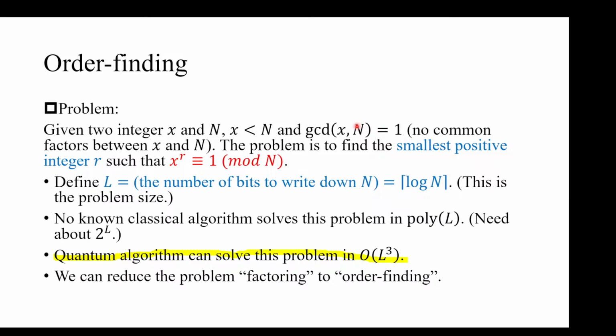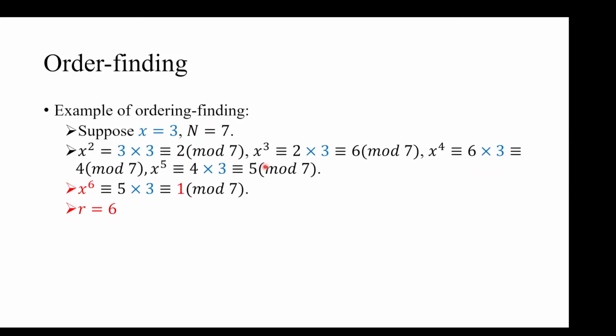Okay, and so you find a random x, and then you try to find something about x and N. That is, you want to find the order of x with respect to N. And that's defined as the smallest possible integer r such that x to the r power equals 1 mod N. And here we have some example of an order.